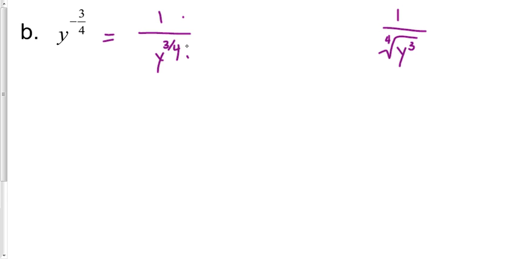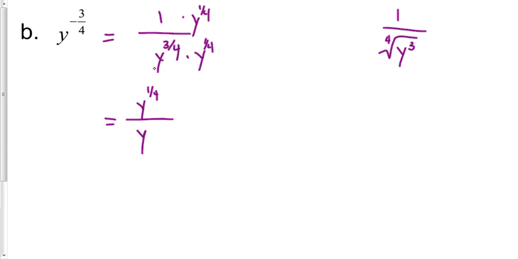Well, 3/4 plus 1/4 gives me 4/4 or 1, so I know that if I multiply by y to the 1/4 power over y to the 1/4 power, this will rationalize my denominator. Let's see what we get. In the numerator, I've got y to the 1/4. In the denominator now, if I add these powers up, I get 4 over 4 or 1, so I just get y to the 1st.